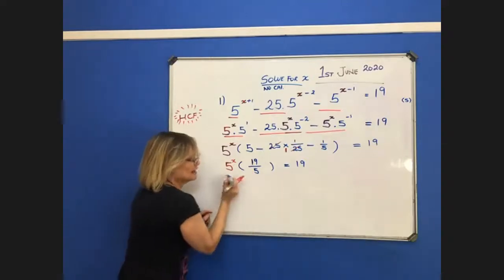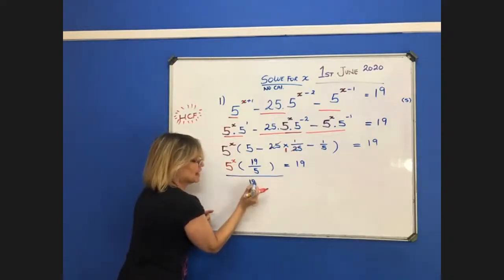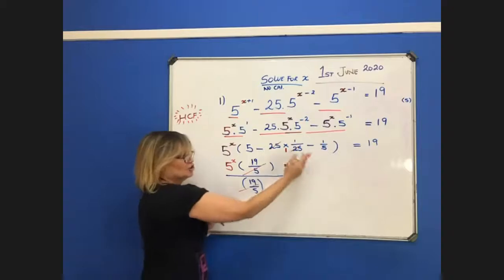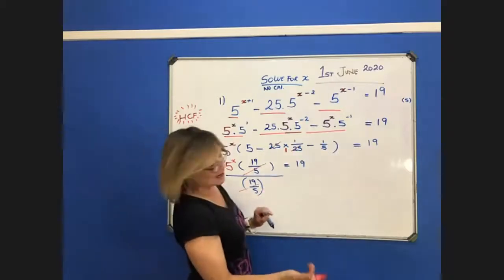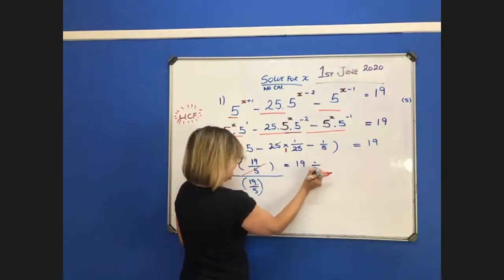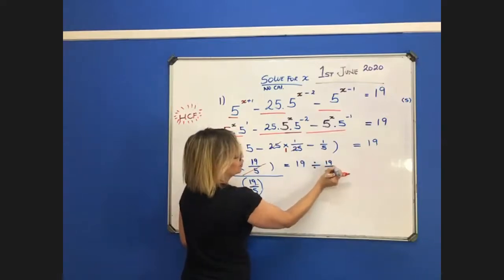All right. Now, I always knew we were going to get a number there, so I knew we were going to divide both sides by that number. All right? And that is why I didn't change that. Well, not that you can change a prime number, because I'm also going to divide that by 19 over 5.